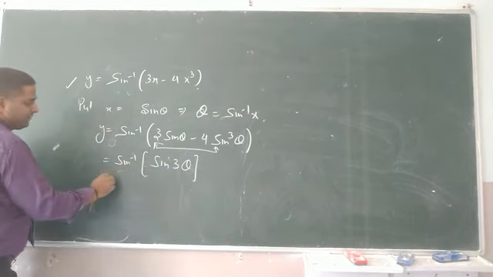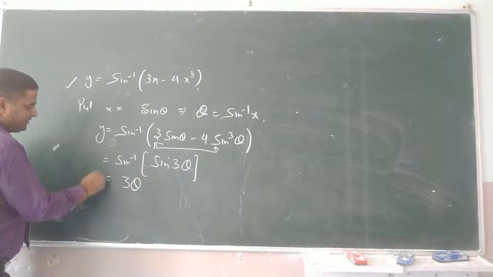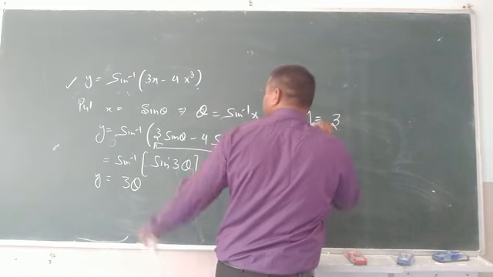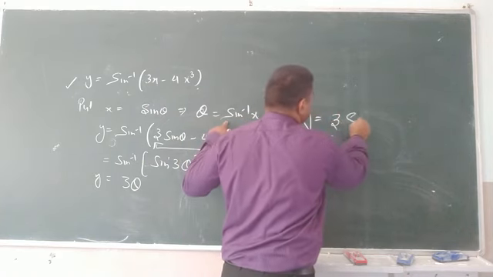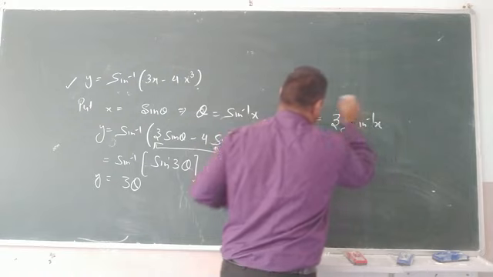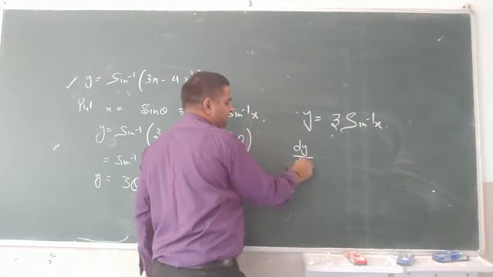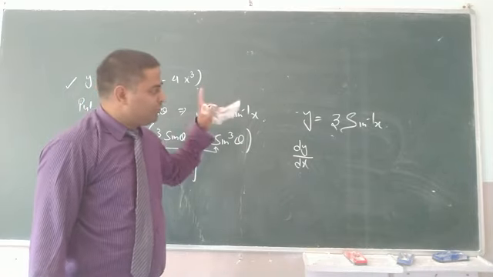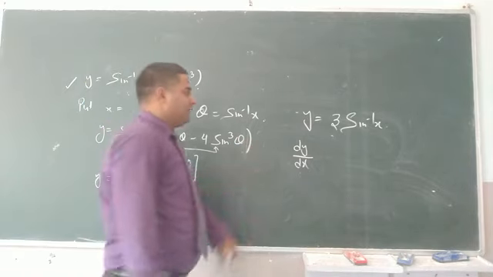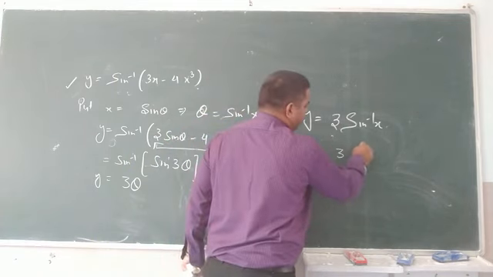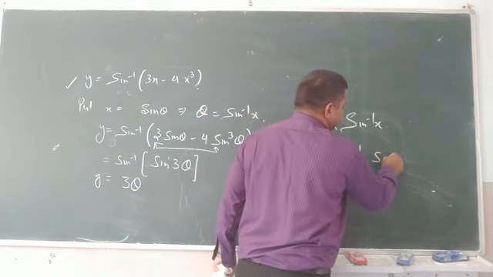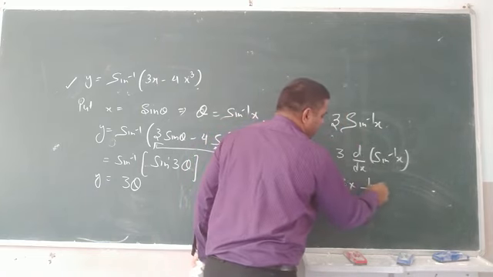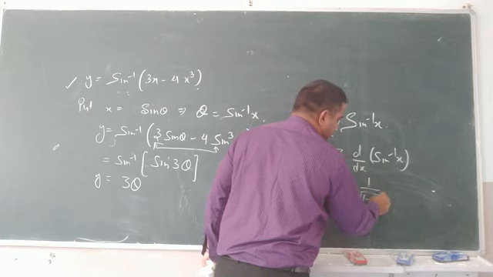This cancels out, we get 3 theta. So, y is equal to 3 theta. What is the value of theta? Theta is sine inverse x. Now, differentiation. dy upon dx, it is equal to 3 into the derivative of sine inverse x, so it is 3 into 1 upon under root 1 minus x square.